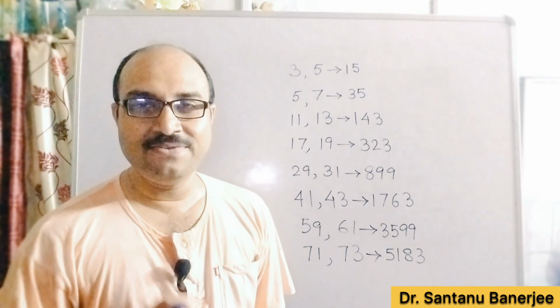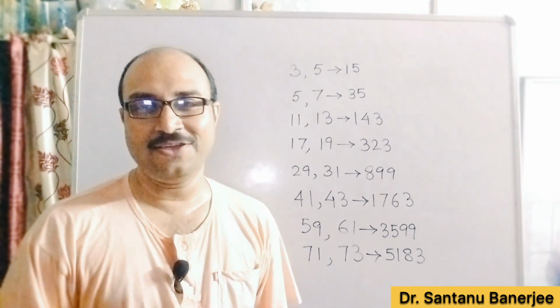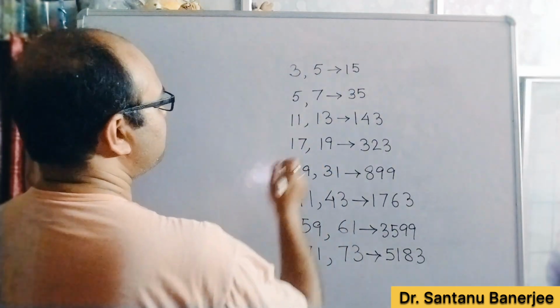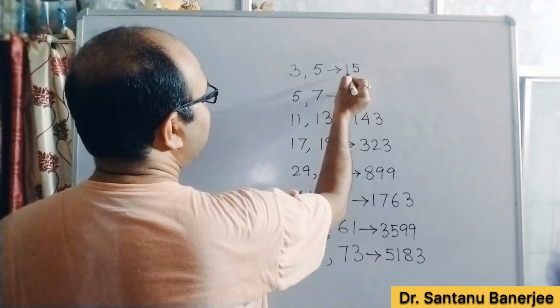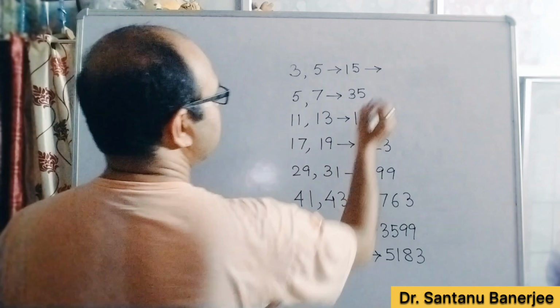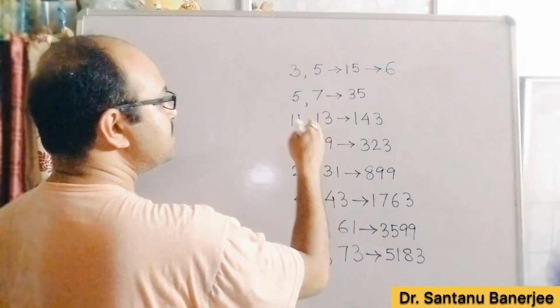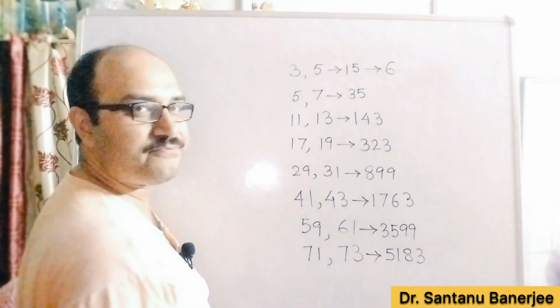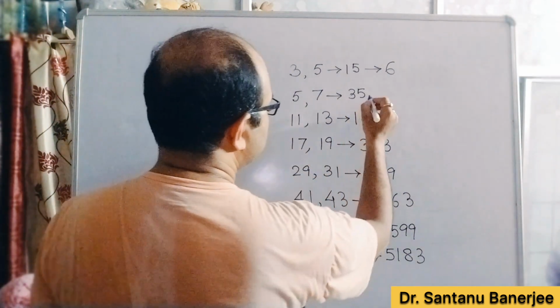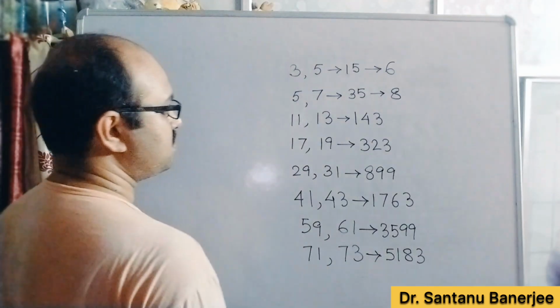Now let us perform an interesting operation upon it. What we will do is add up the digits of the product that you have got. For example, you add 1 and 5. If you add 1 and 5, you get 6. Here we have the number 35, so you add 3 and 5. You get 8.